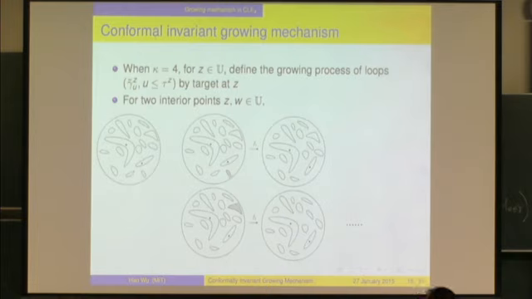So this causes a problem. And the amazing thing here is, because when kappa equals 4, we know that this bubble measure is conformally invariant, it tells us that at this step, you can either choose to normalize at Z or normalize at W. There's no difference. It's because of the conformal invariance of the bubble measure.